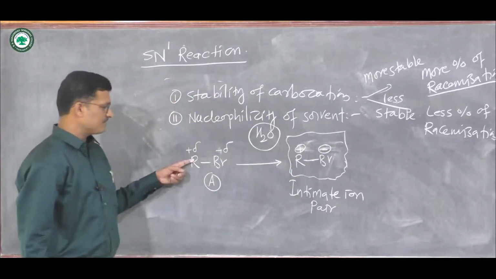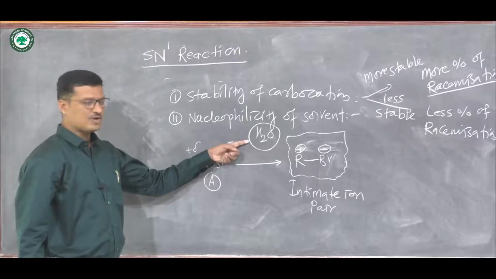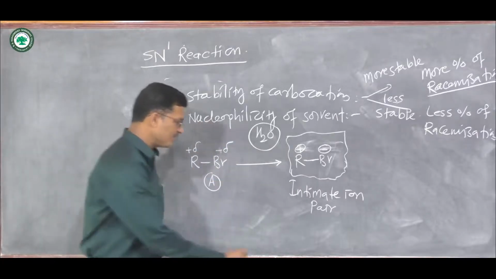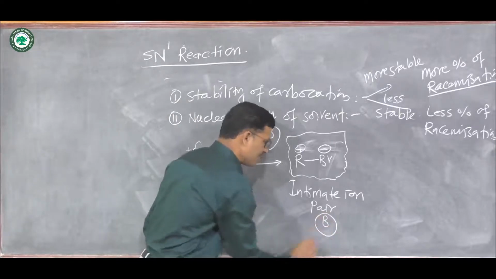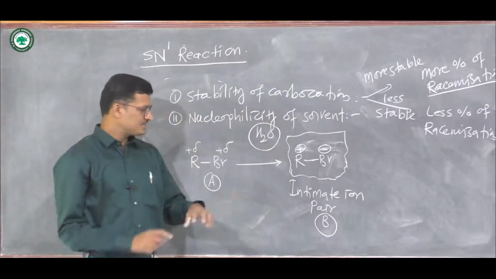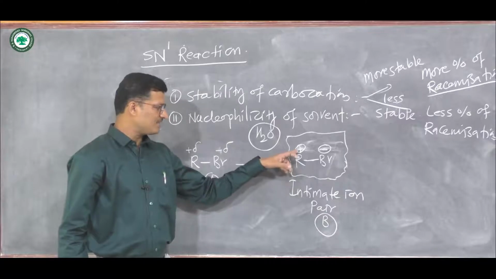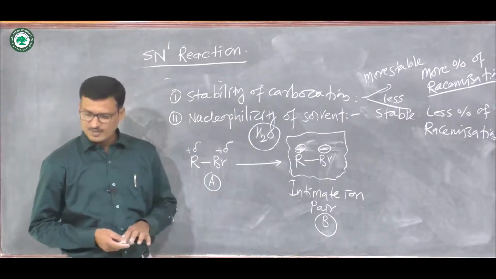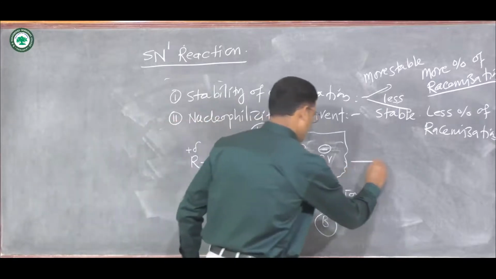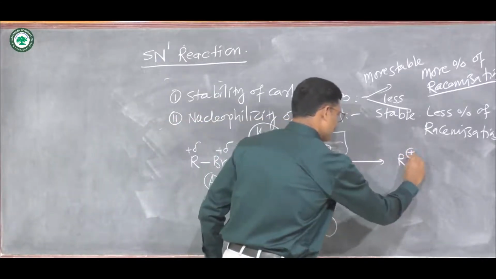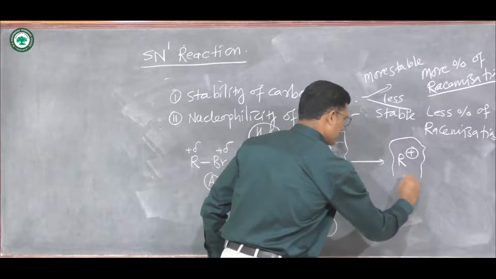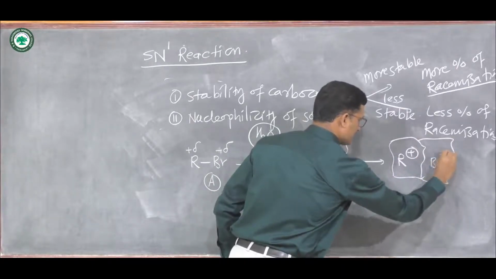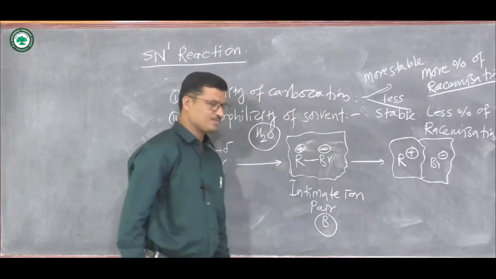Remember, you take your substrate and use water as the solvent; water acts as a nucleophile. Then in case B there is formation of an intimate ion pair, meaning this R plus and this Br minus are surrounded by water molecules. Then this R plus and Br minus are separated by water molecules.